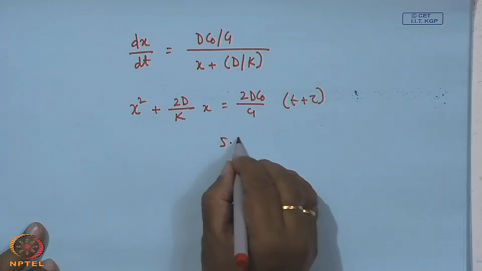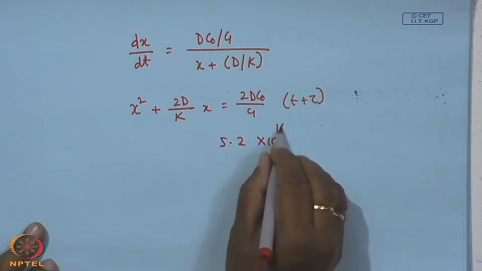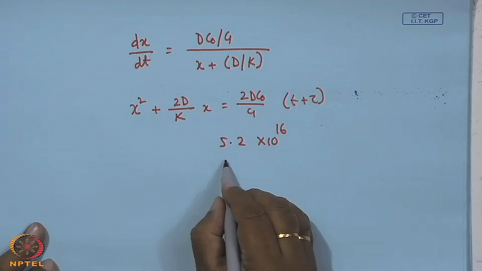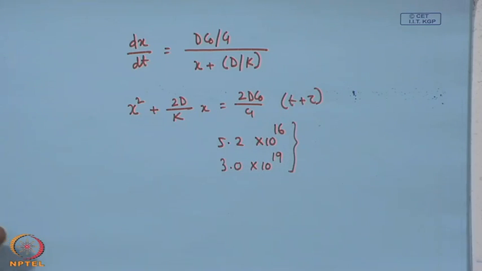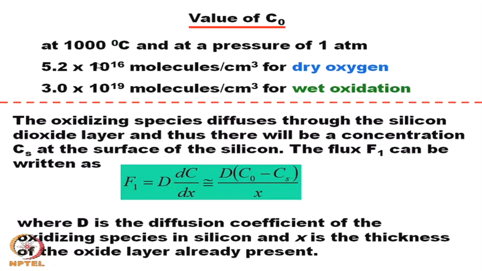For dry oxygen it is 5.2 into 10 to the power 16, whereas for wet oxidation it is 3 into 10 to the power 19. So, this is the value, and it is written over here that at 1000 degree centigrade and at a pressure of 1 atmosphere, 5.2 into 10 to the power 16 molecules per centimeter cube is the value of C0 for dry oxygen, and 3 into 10 to the power 19 molecules per centimeter cube for wet oxidation.